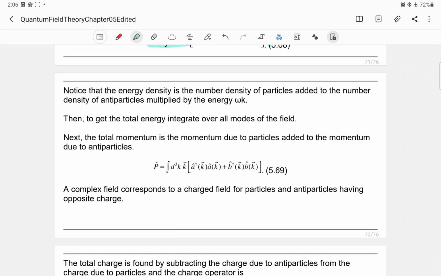And the total momentum is the momentum due to the particles added to the momentum due to the antiparticles. And so you will have the total momentum operator to be that expression. Of course, you have their particles and antiparticle parts. By the way, a complex field corresponds to a charged field, with particles and antiparticles having opposite charge.